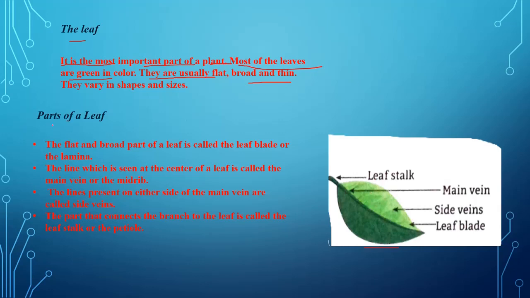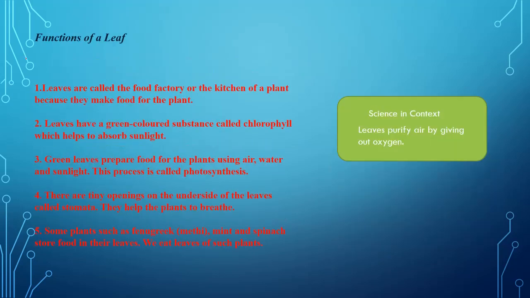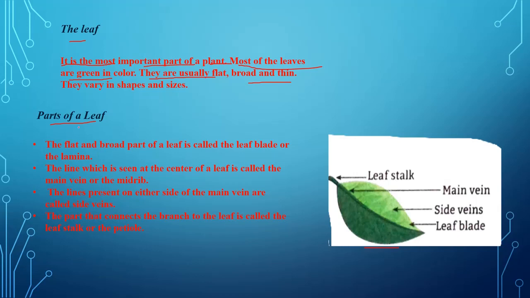Okay, so let us read parts of a leaf. Function of the leaf will come in the next slide. So we will read the parts of a leaf. The flat and broad part of a leaf is called the leaf blade or lamina.